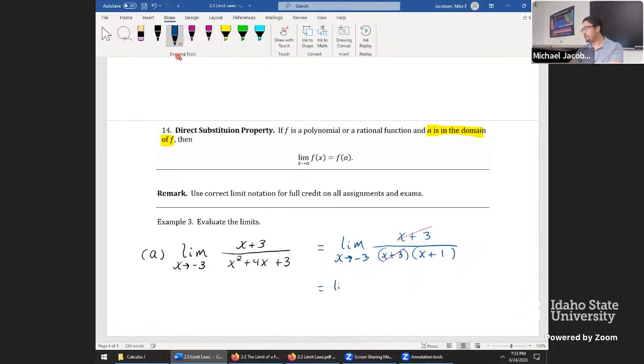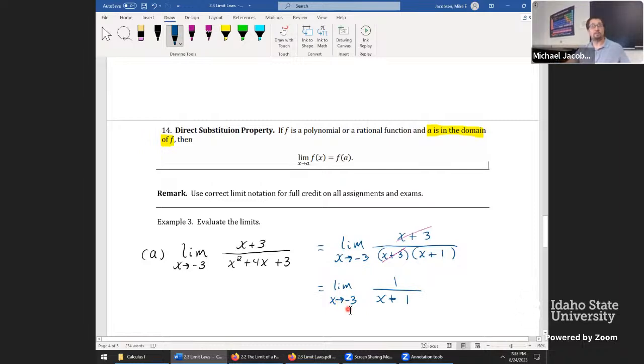And now it's equal to the limit as x tends towards -3 of 1 divided by x plus 1. We change the function, which is what's right here. It's not the same as this one in black, but it agrees everywhere except that one excluded value, -3.